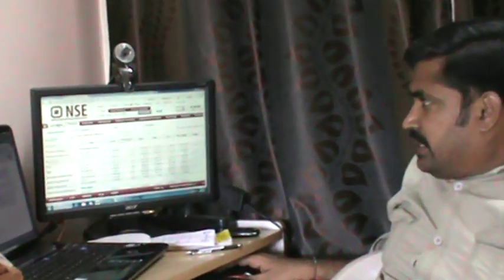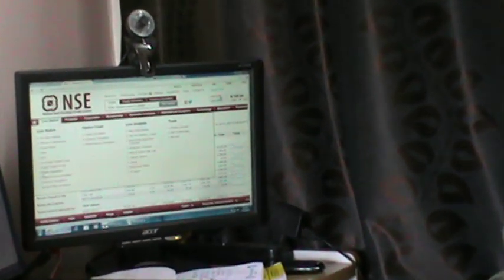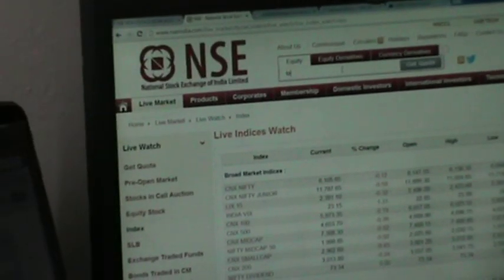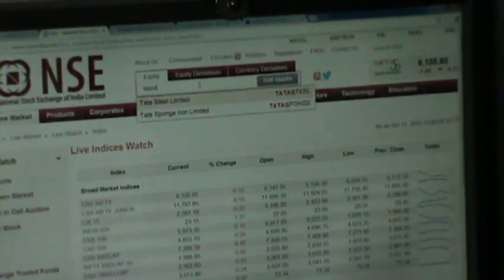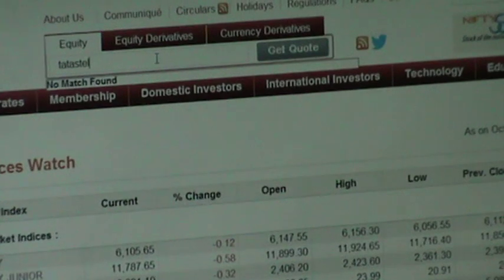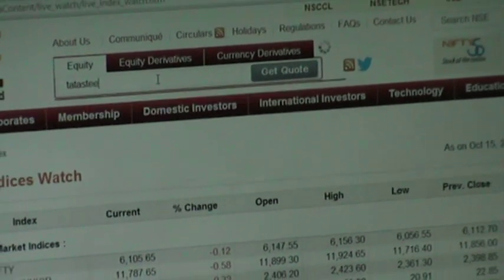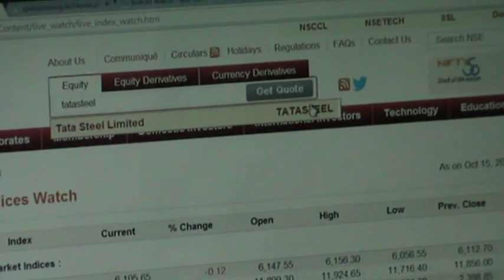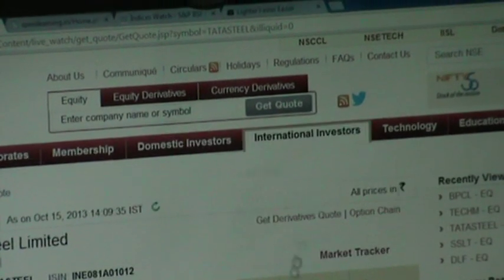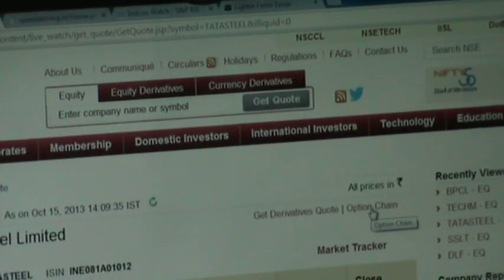Now come to NSE and you can choose the option chain from here. So see Tata Steel, Tata Steel Limited. I clicked here and this is the option chain.